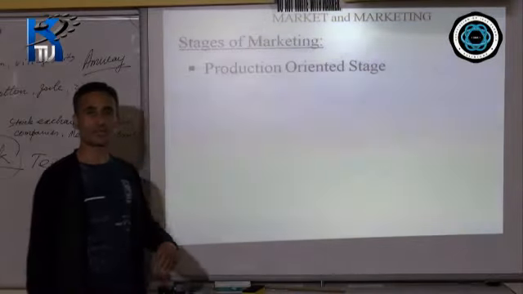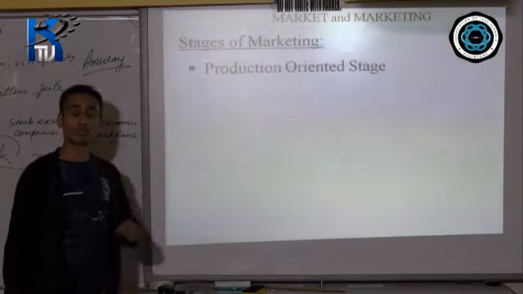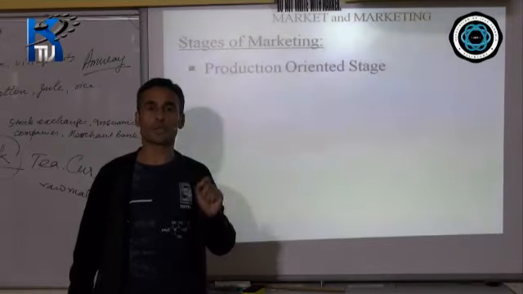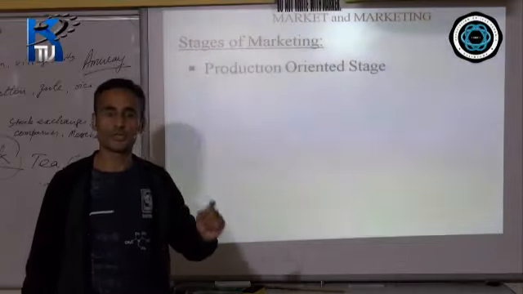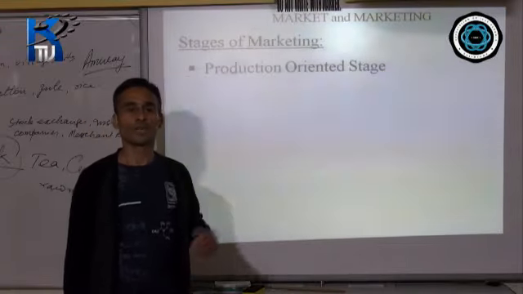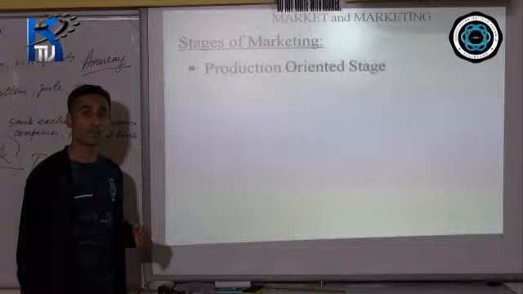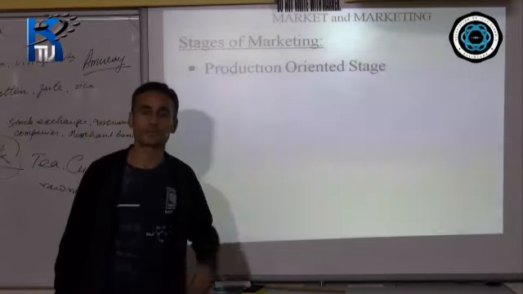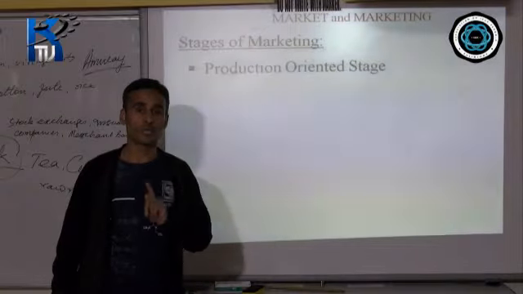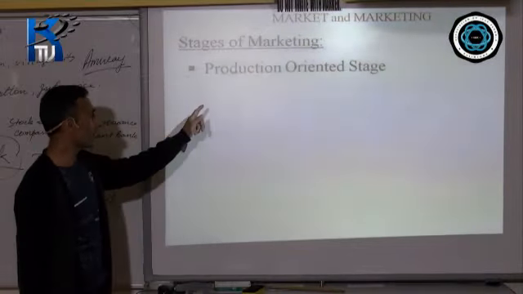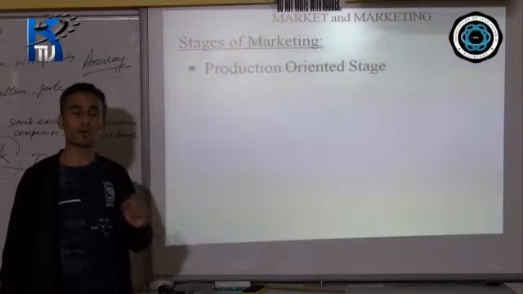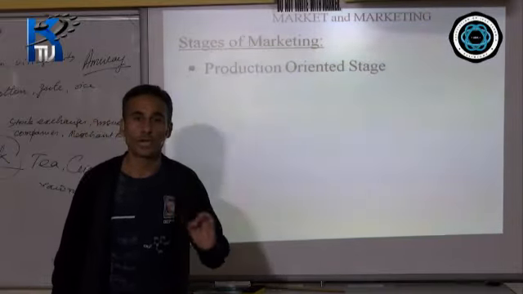Here the marketers or the manufacturers believed that whatever product is produced by them will be purchased by the buyer. So they focused on large-scale production and reducing the price. Because their belief was that if the products are readily available and sold at a lower price, the products will be sold.